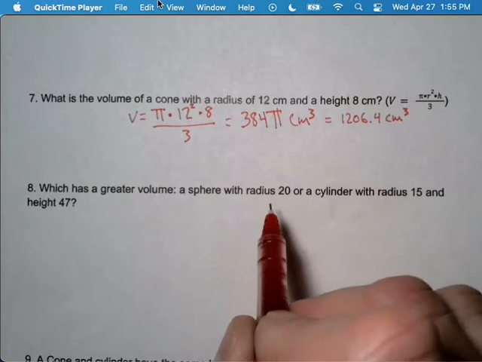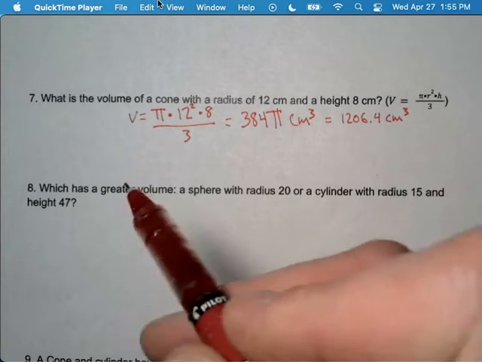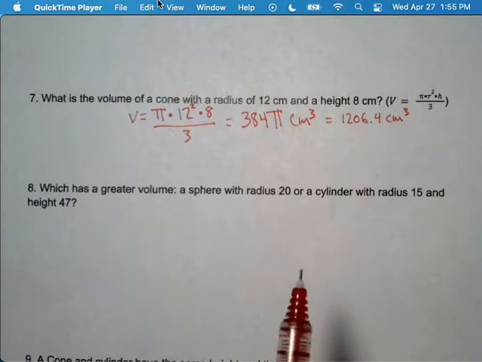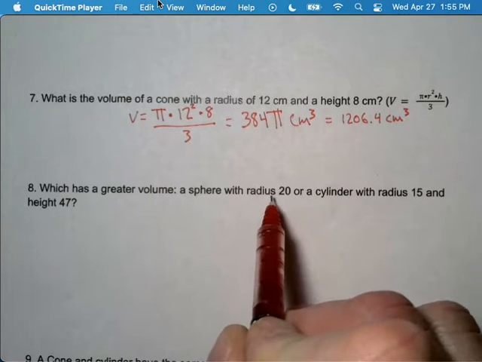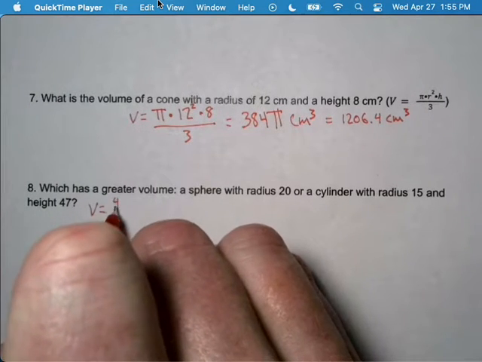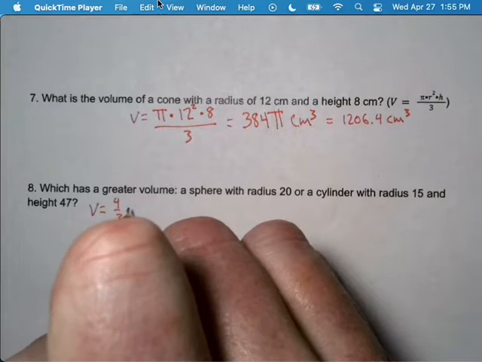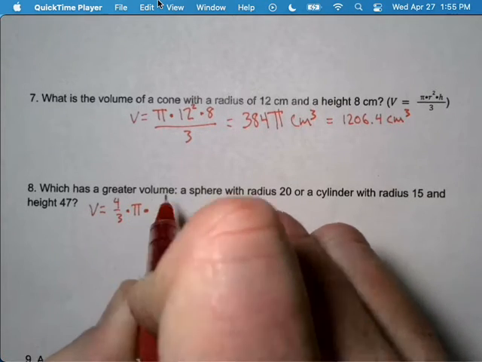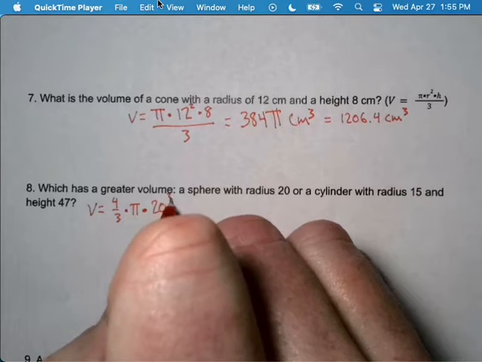The volume formulas are listed on the previous page, so you can look back and see it if you need it. Radius of 20 for a sphere, we would have volume equals 4/3 times pi times 20 cubed.